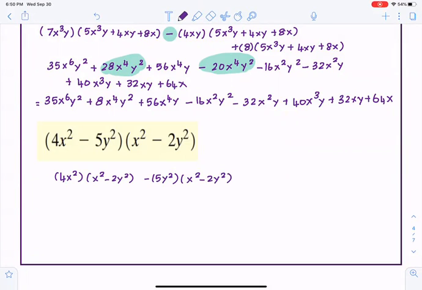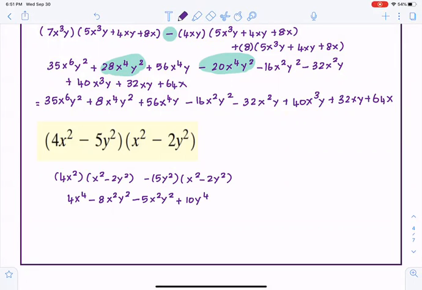Now we distribute. 4x squared times x squared is 4x raised to 4. 4x squared times minus 2y squared is negative 8x squared y squared. Negative 5y squared multiplied by x squared is negative 5x squared y squared. Negative 5y squared multiplied by negative 2y squared is positive 10y raised to 4.